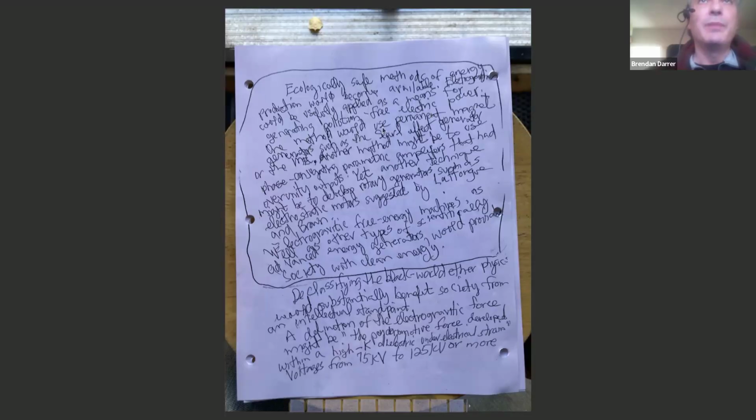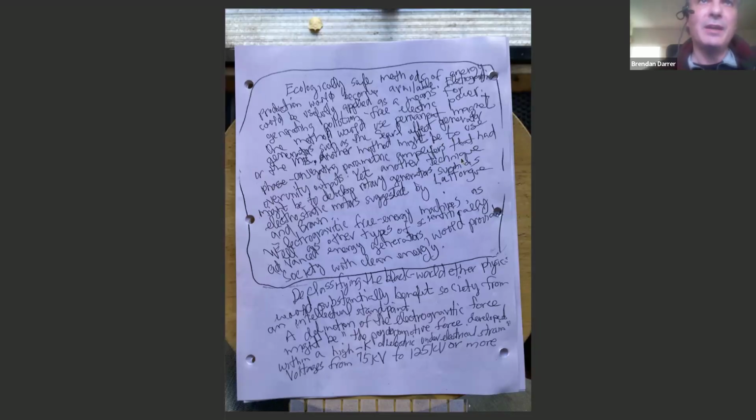One method would use permanent magnet generators, such as a solar effect generator or the magnetic effect generator. Another method might be to use phase conjugating parametric amplifiers that had over unity outputs.